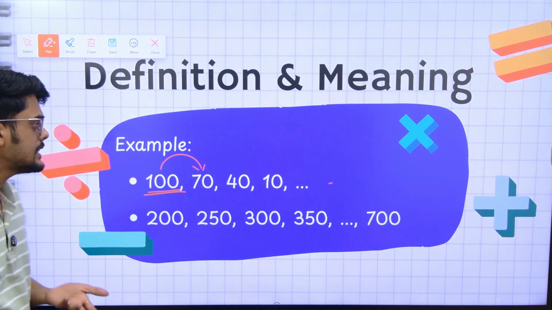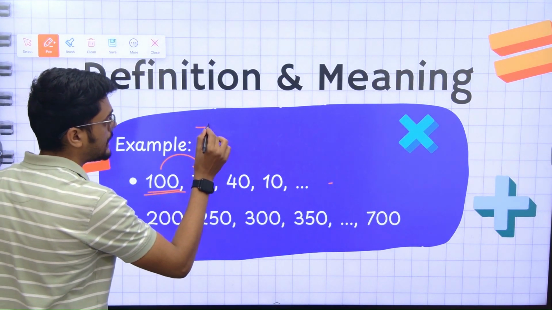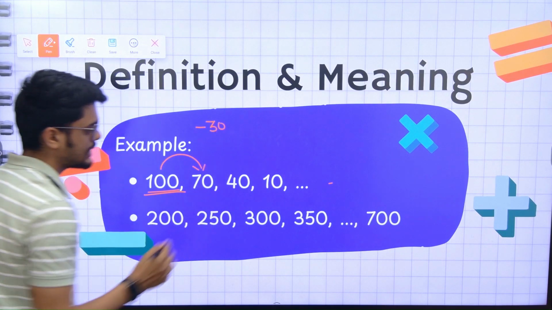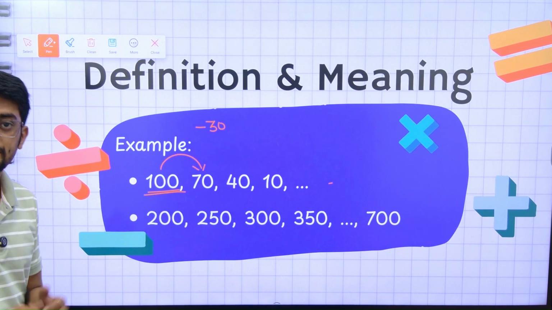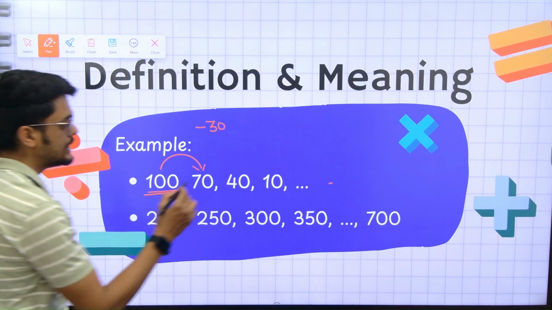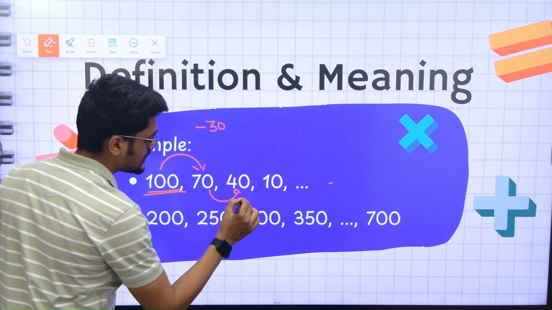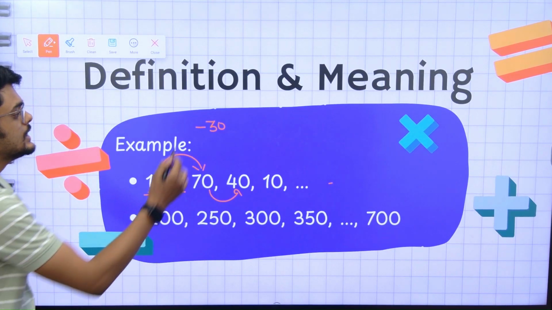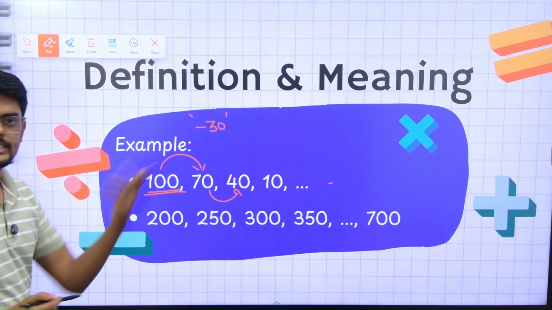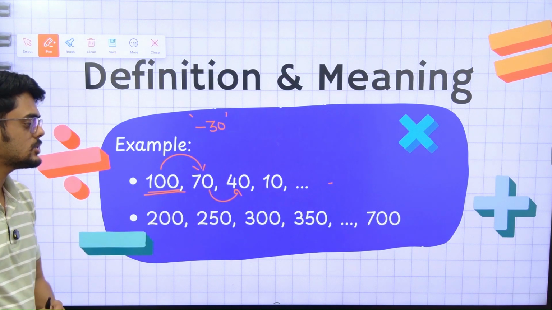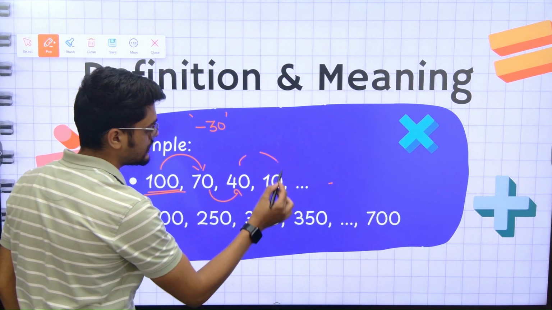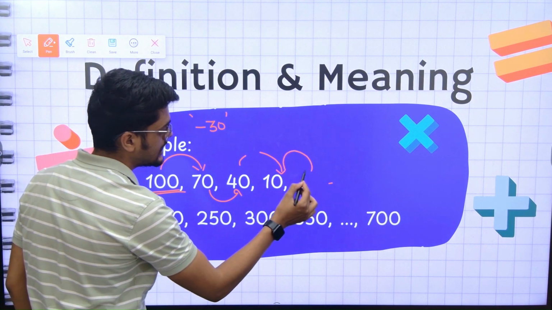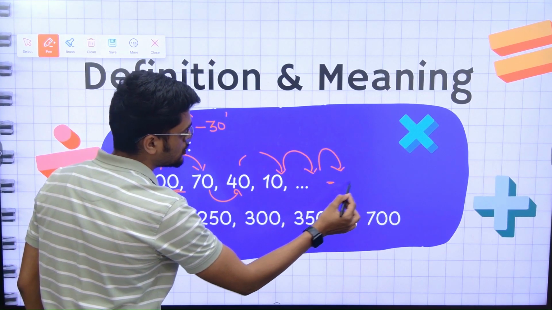The answer is very easy, sir: just add minus 30 to it and you will get 70. Perfect, great job. Now, how may I reach 40 from 70? In the same manner, we just add minus 30 and we reach 40. In the same manner, we reach 10, and so on we will move ahead.